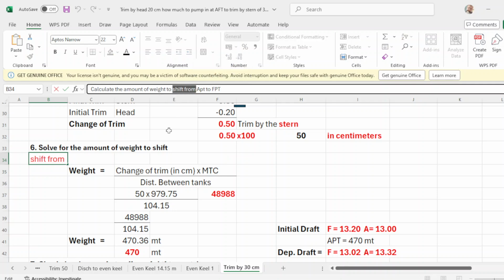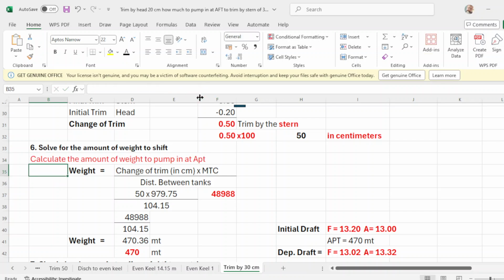Okay, so calculate the amount of weight to pump in at the after peak, or ballast water.